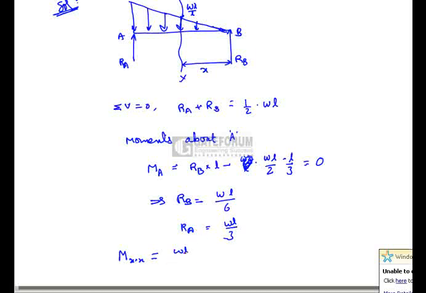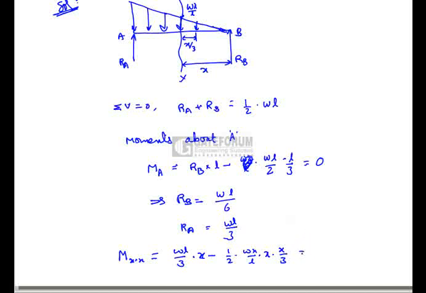Here we can write it as RB, the reaction at B, into perpendicular distance X minus, you will have to consider the loaded diagram between the section XX and B. So here we have a portion, this is the total load due to UVL between these two sections, equal to half into Wx by L into X, and the perpendicular distance of the center of gravity of this section from XX is X by 3.